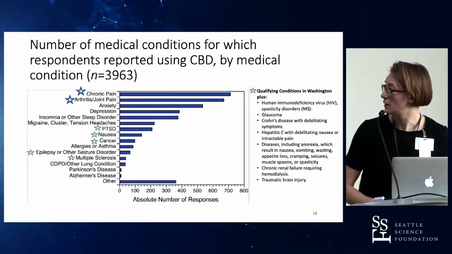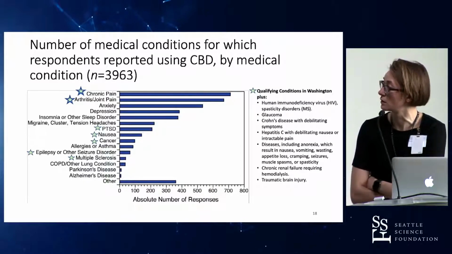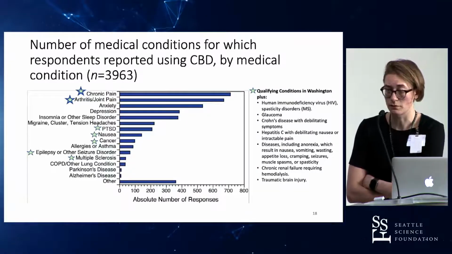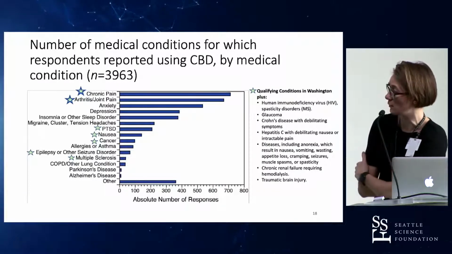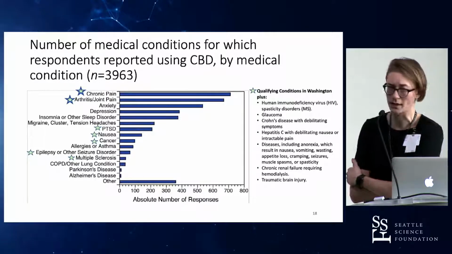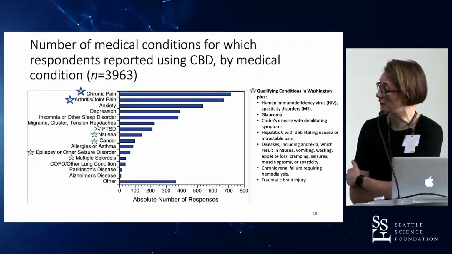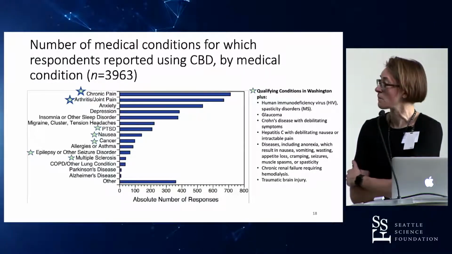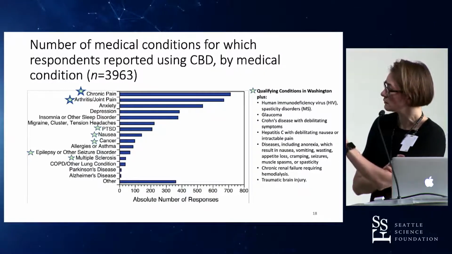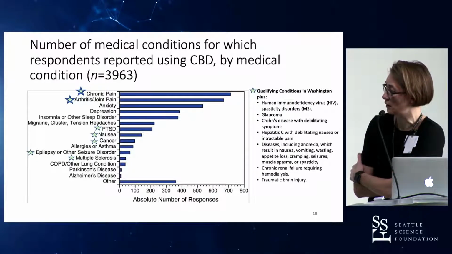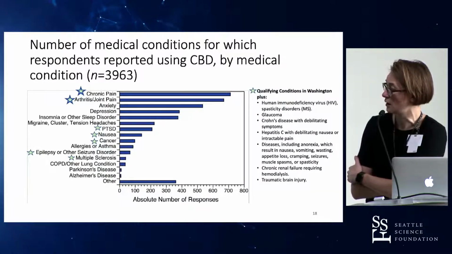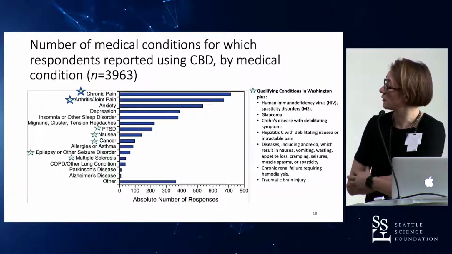Okay, and then as far as what people use marijuana for, this is just for CBD, but I would imagine whole plant cannabis would be similar. And a lot of what people are looking for is relief from pain. But PTSD, nausea, and cancer pain are also included.